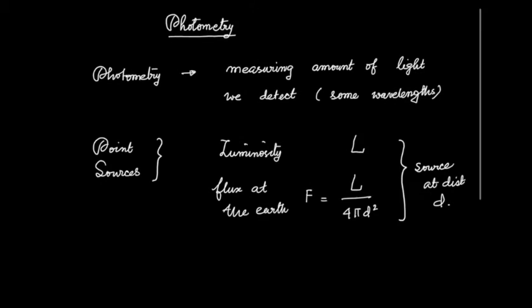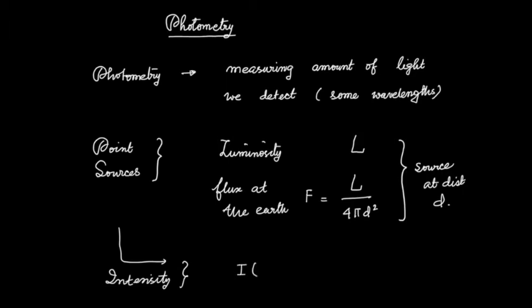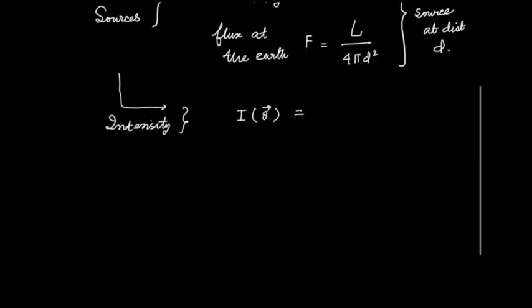And how do I describe a point source? Intensity. When we say point, it essentially means that all the intensity comes from a certain direction in the sky. Remember that we defined what this theta is.